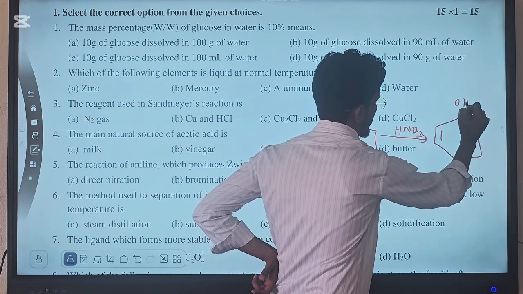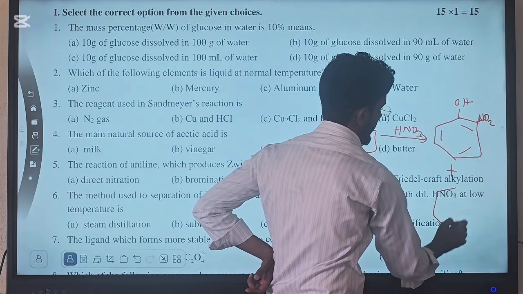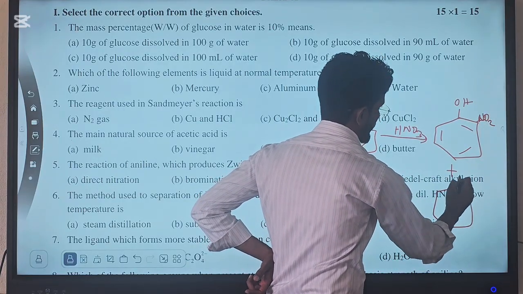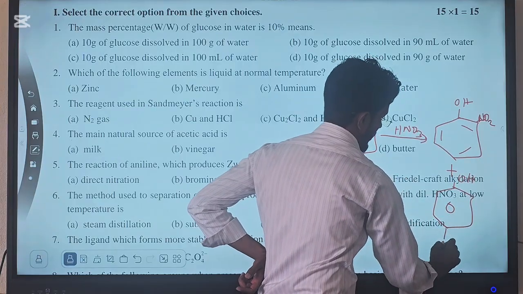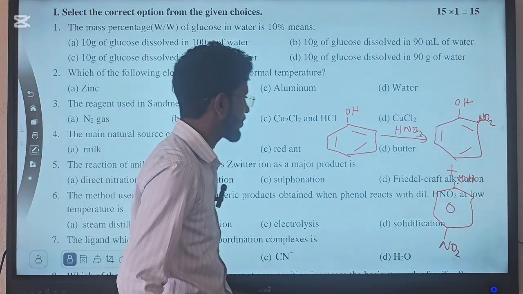This is OH, this is o-nitrophenol with NO2, plus p-nitrophenol, which means OH with NO2 in the para position. These two products will form.